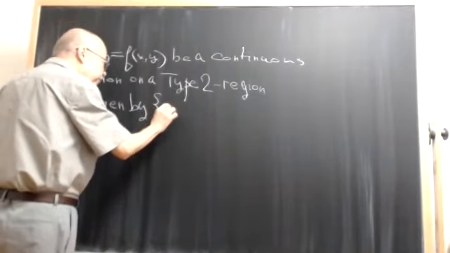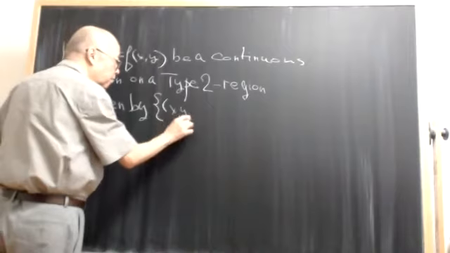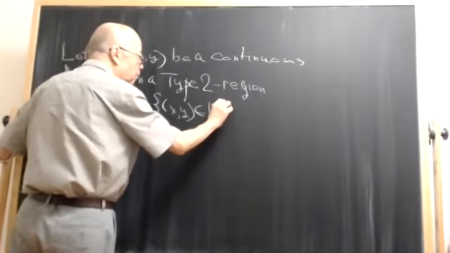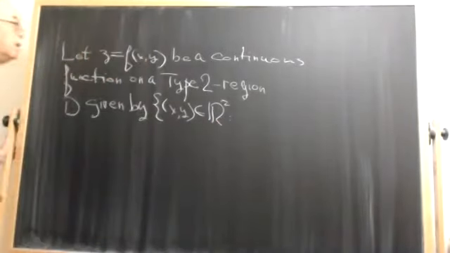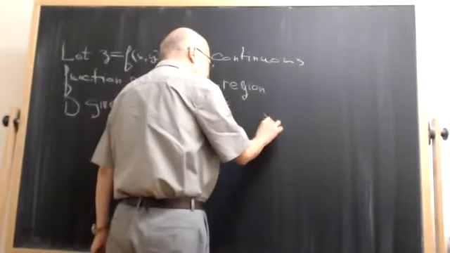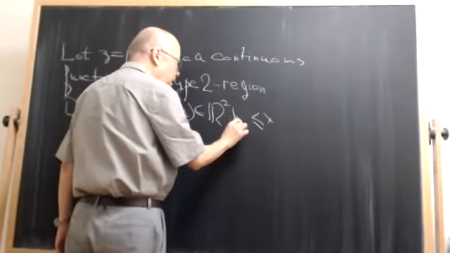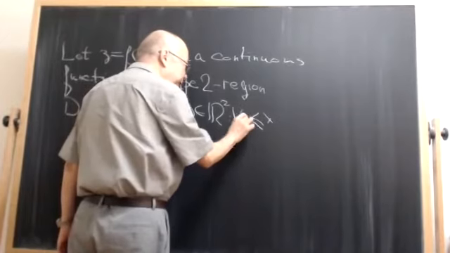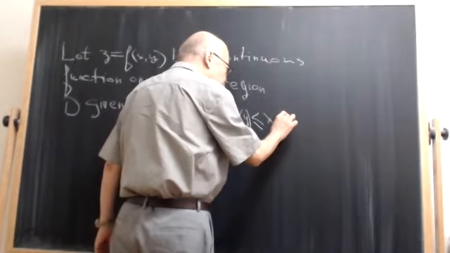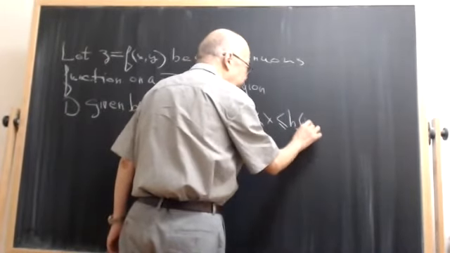So it's the set of all points (x, y) in the plane for which x is greater than or equal to h1 of y, but less than or equal to h2 of y.